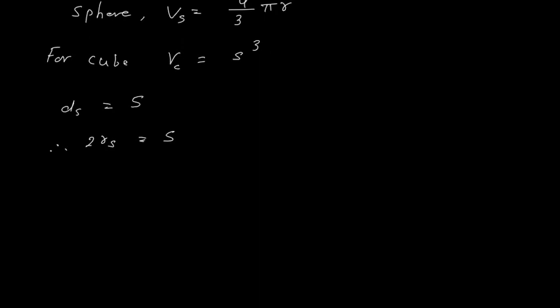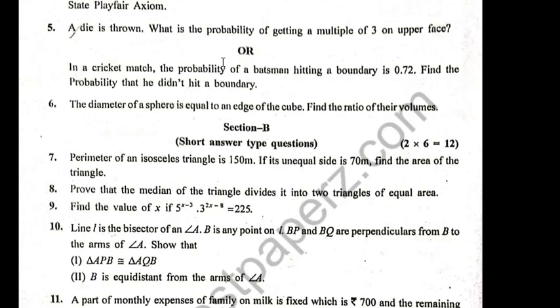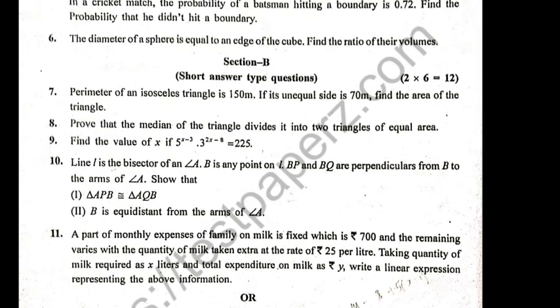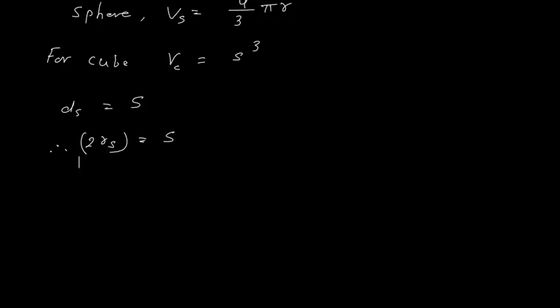Now what is asked? It is asked to find the ratio of their volumes, meaning volume of sphere upon volume of cube. So I have to find volume of sphere divided by volume of cube.